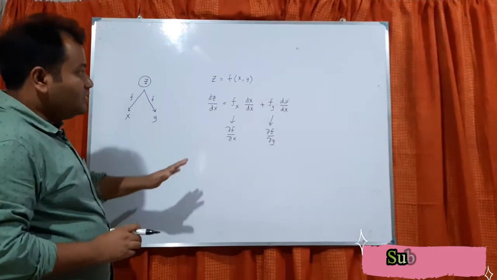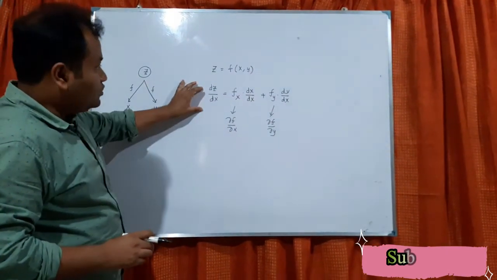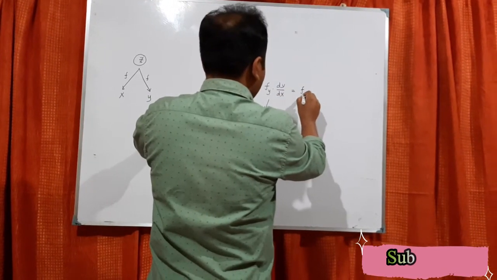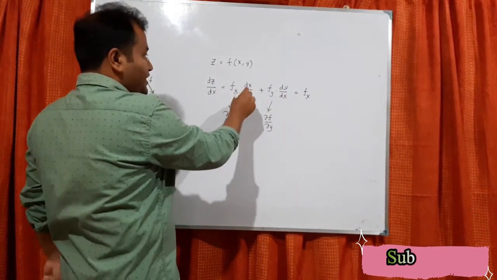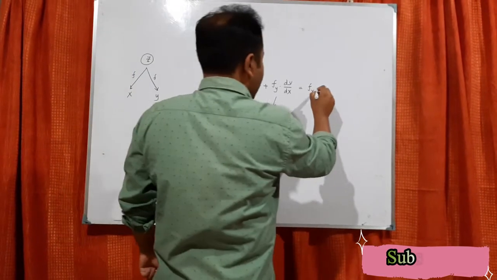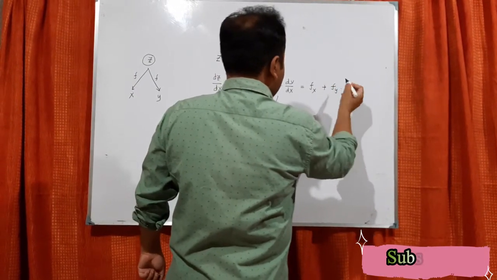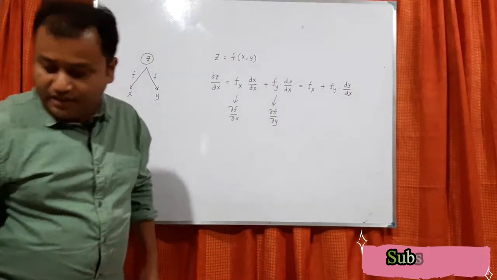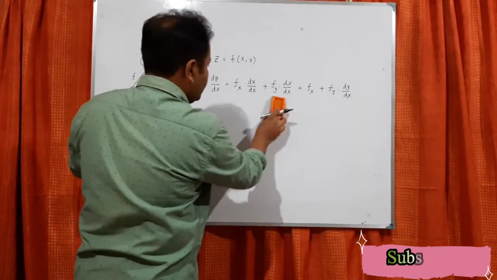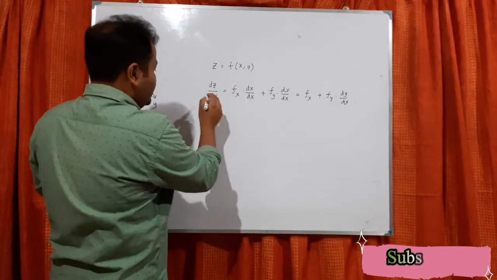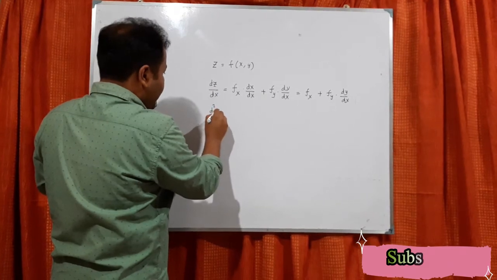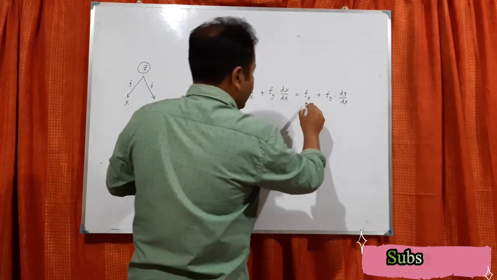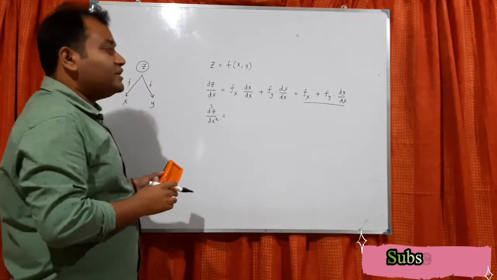Now with this knowledge we can do the higher derivative also. So this becomes fx, because the derivative of x with respect to x is 1, plus fy dy/dx. Fine. Now suppose anybody wants to take the higher derivative d2z/dx2, that is the derivative of this one again with respect to x.